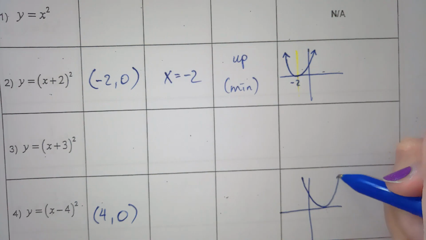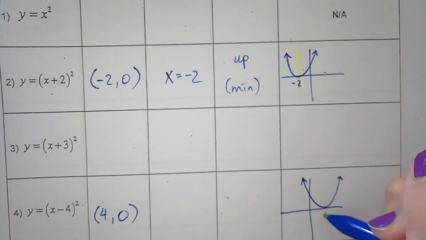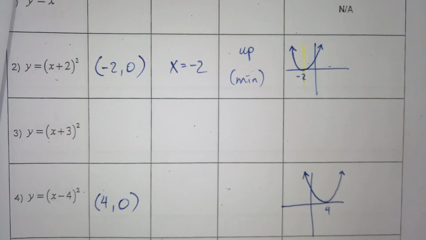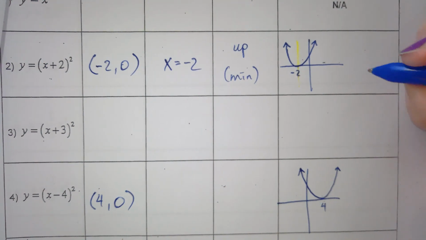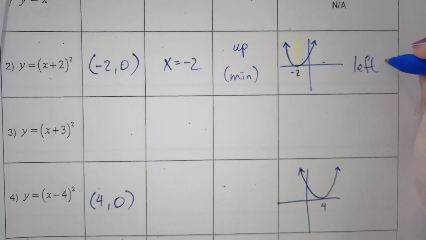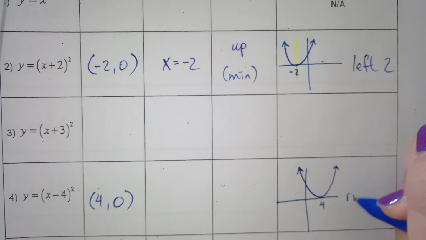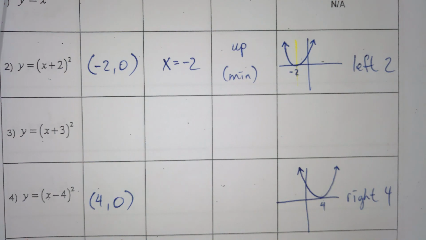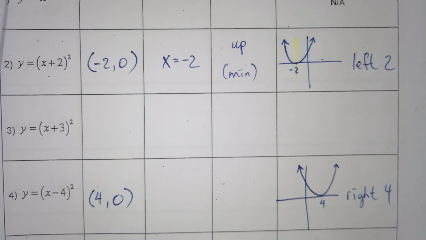Okay, so this is left 2, and this is right 4. And what is my axis of symmetry here?